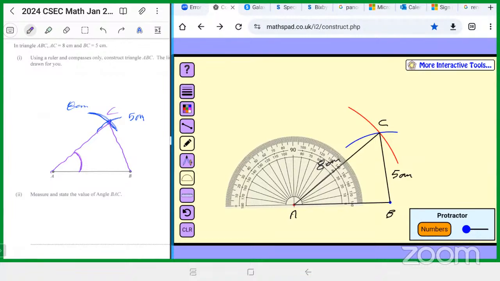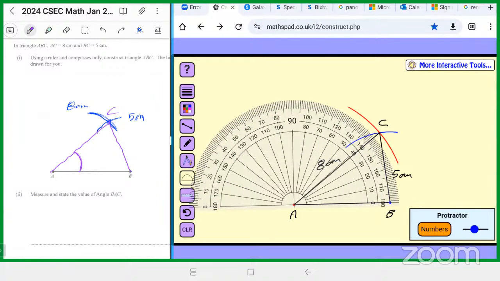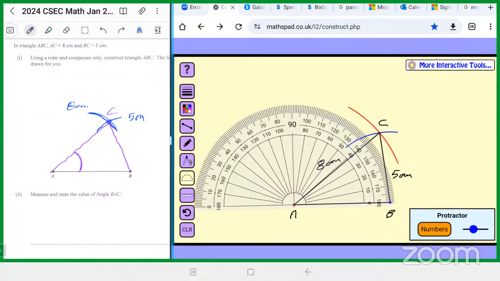Remember, there are 2 scales. So there's a scale that's counting down from 180, and there's a scale that's counting up from 0. We need to read the inner scale this time, the one that is counting up. And in this diagram, to make the protractor a little larger for you, you would see that that angle is giving us 39 degrees.